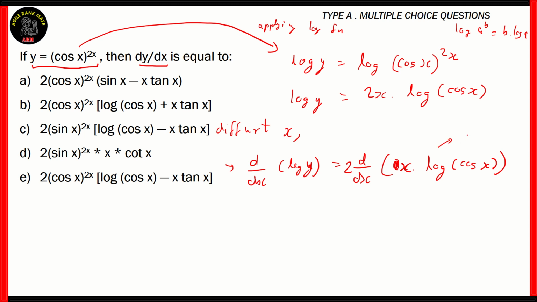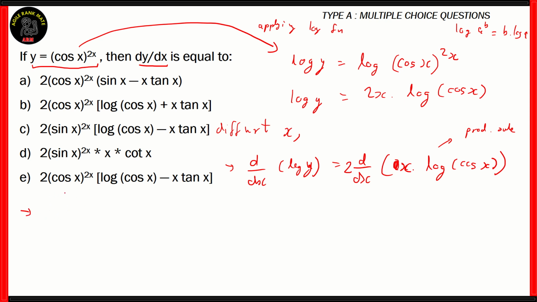Here we would have to make use of the product rule, which says if you have to differentiate a product of 2 functions, then the differentiation would go first function times the derivative of second function plus second function times the derivative of the first function. So let's apply that as we go. On the left hand side, it's d by dx of log y.